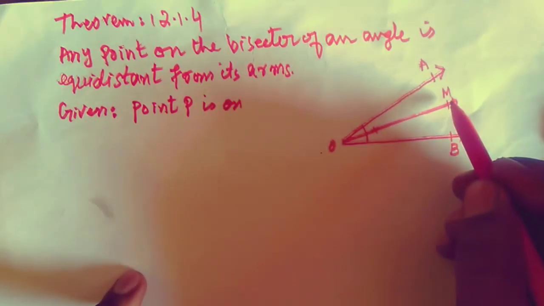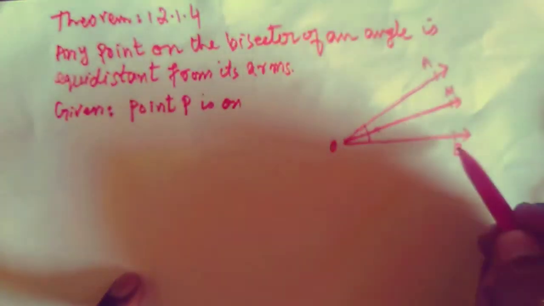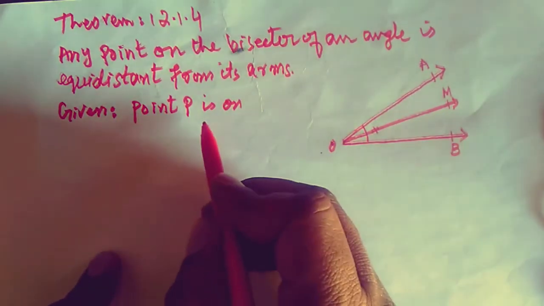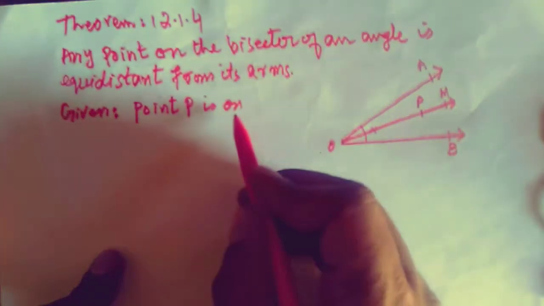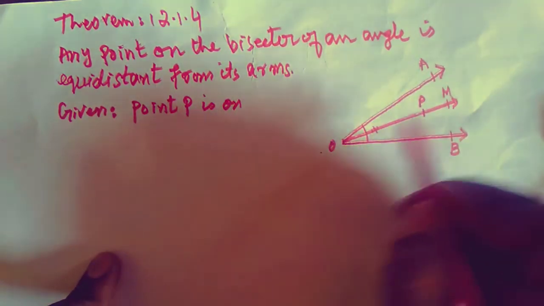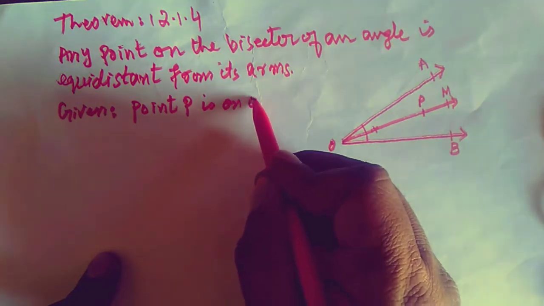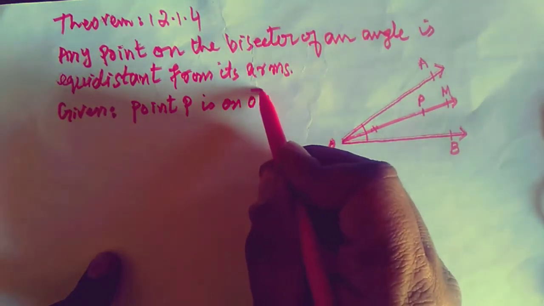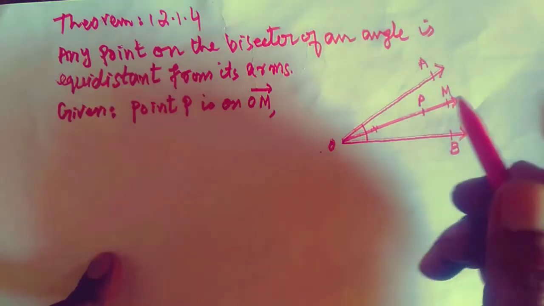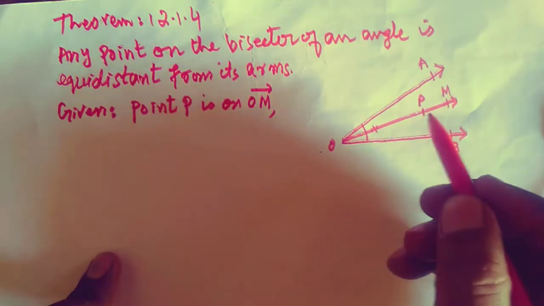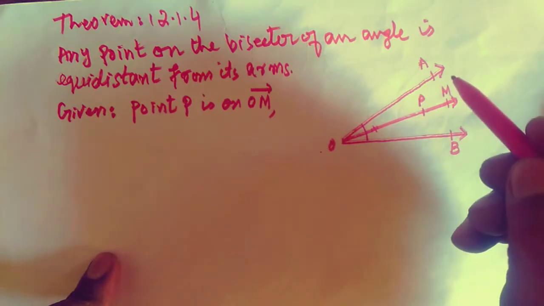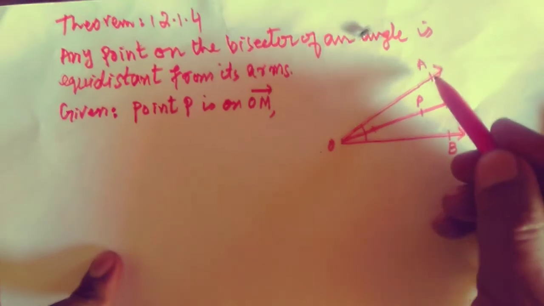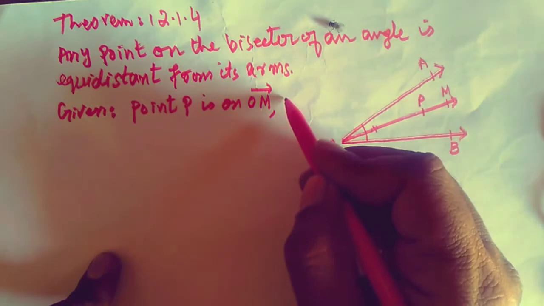OM is the bisector of the angle AOB. So any point P on the bisector OM, which is the bisector of angle AOB.